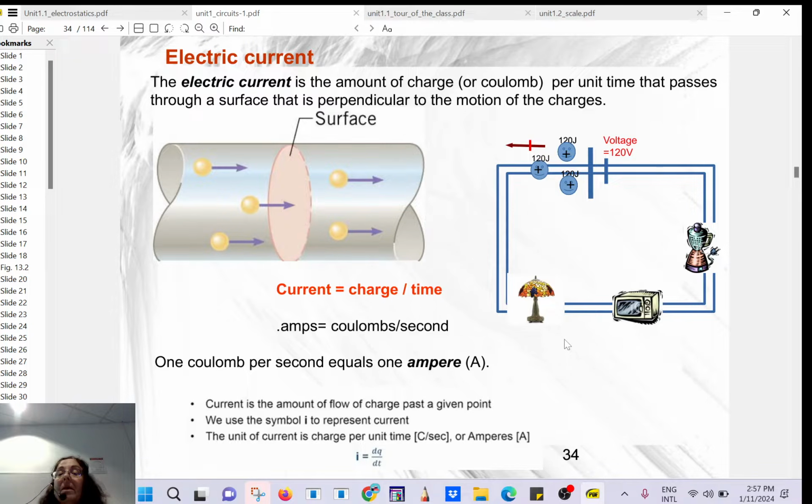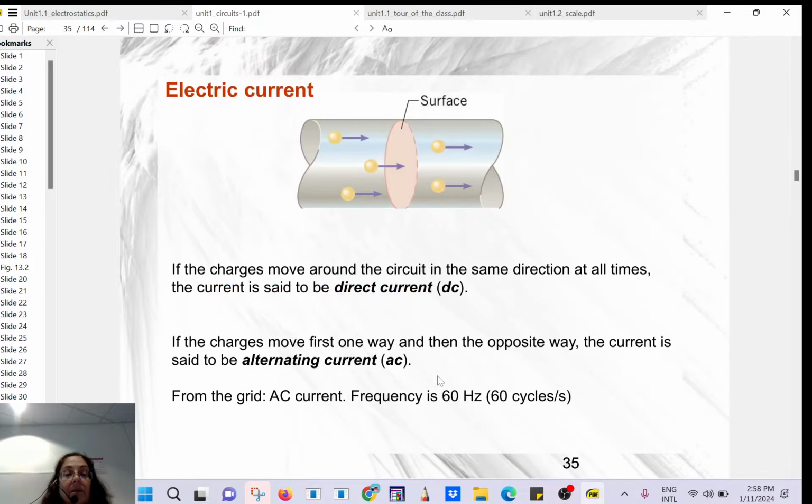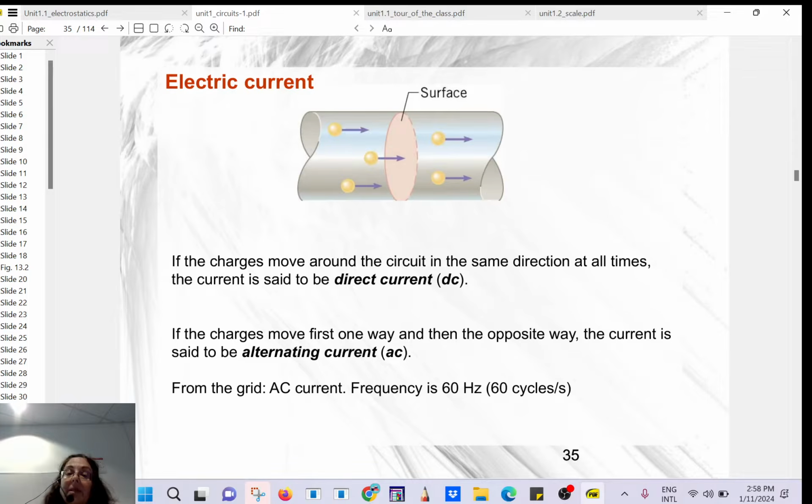So maybe this one, the current is the same everywhere because it has nowhere to go, but the voltage drop can change, depends on their appetite for energy. So maybe one will take most of the energy and maybe this one will not work. But anyway, that will be the definition for amperes. Okay, so we have direct current and alternating current.